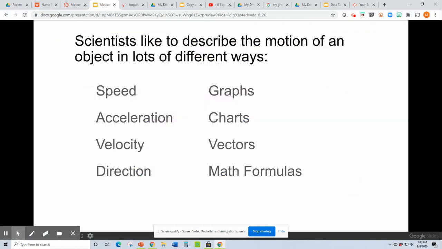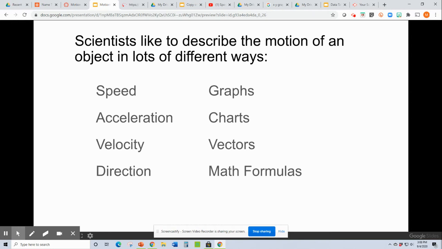So scientists really like to describe the motion of objects in lots of different ways. And these are some of the things that we will be using and talking about in this unit. We will learn to understand how we calculate speed. We're going to understand the difference in speed and velocity and acceleration.